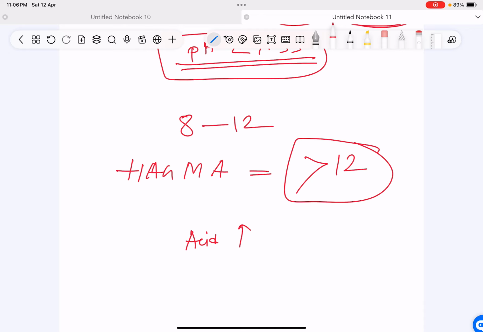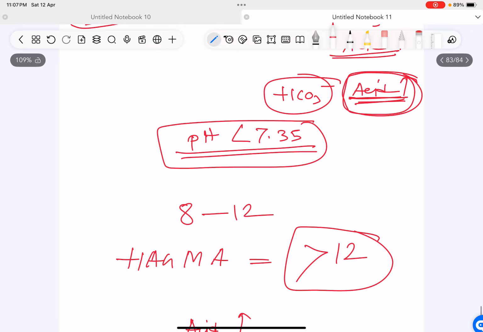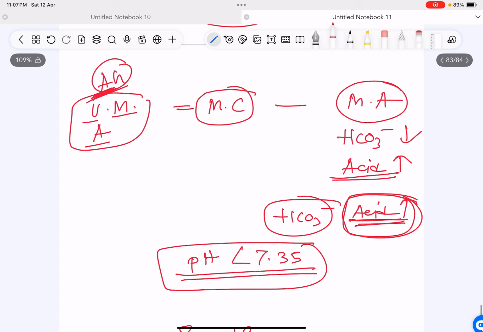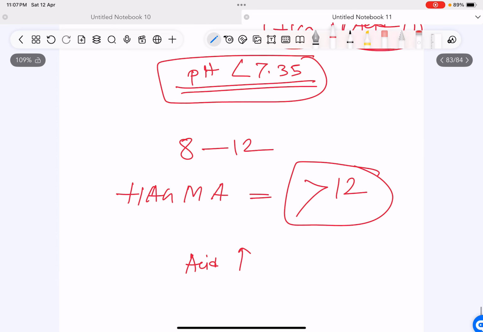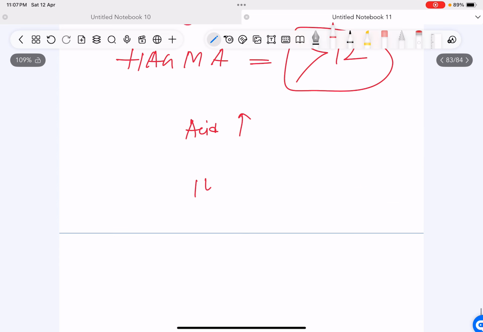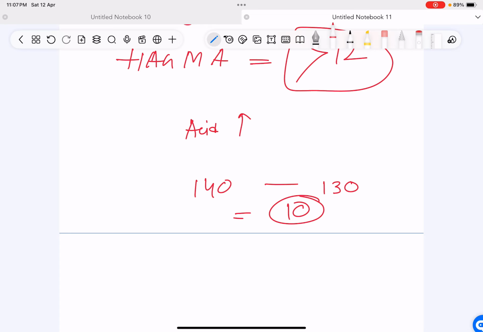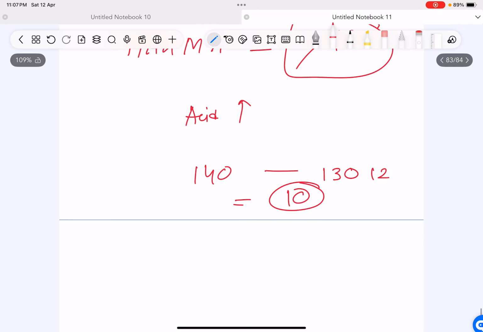So here, because the acids are more, your anion gap is increasing, also because of the decrease in the amount of bicarbonate. Okay, so suppose your measured cation was 140 and your measured anion was 130. What is the anion gap? 10. But now it is 124. Why is it 124? Because the HCO3 minus has decreased. Why?